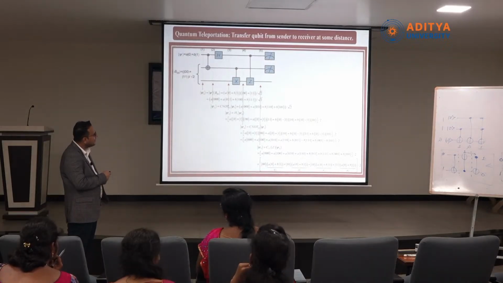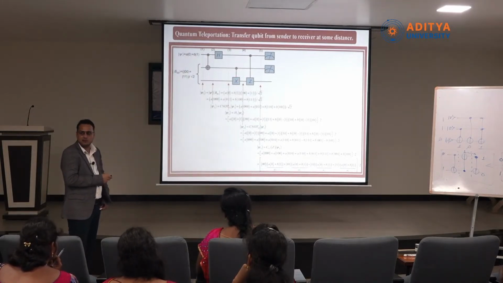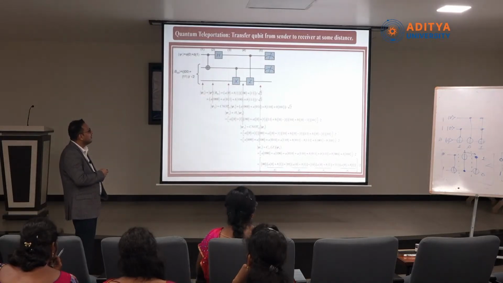After that, there are two controlled operations. One is looking from the sender's second qubit. The second is looking from the sender's first qubit, that is control X, control Z. And the purpose of these operations, you will let us know here. This is operational step psi 1.